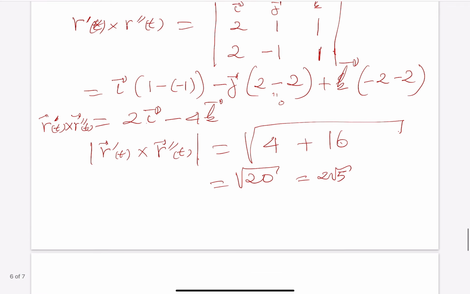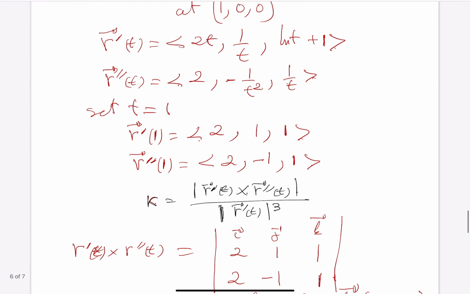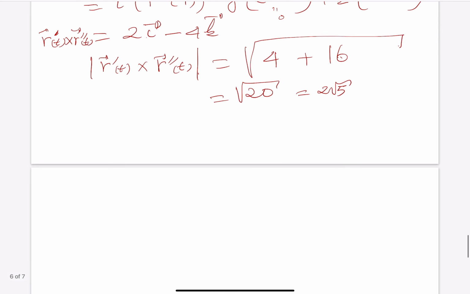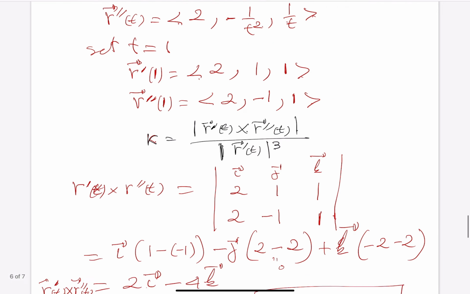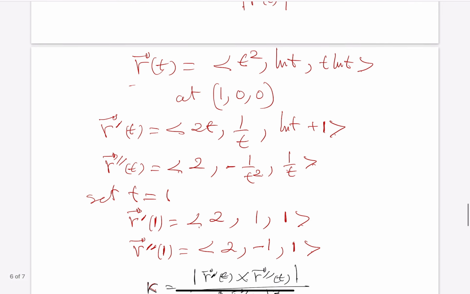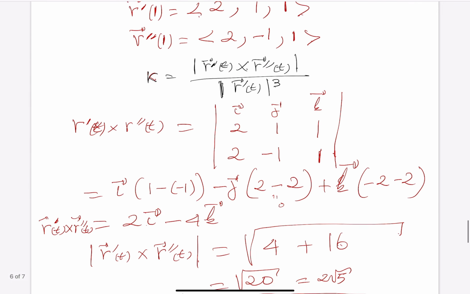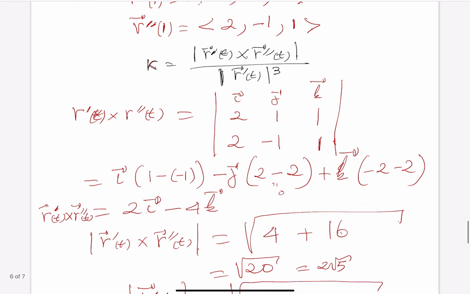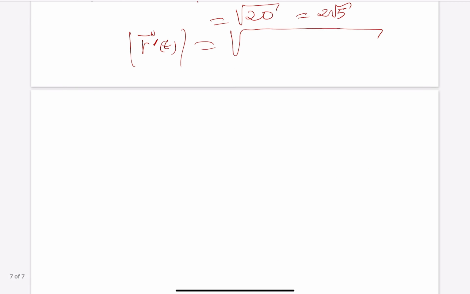Now let's take the length of the first derivative. We have the square root of 2 squared plus 1 squared plus 1 squared.